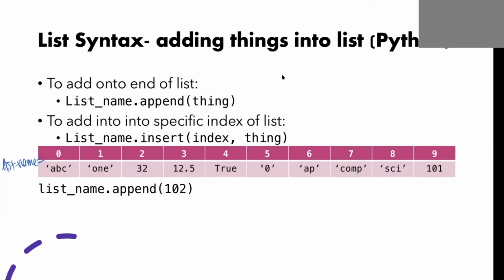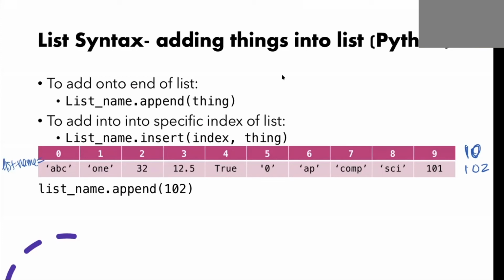Any suggestions? So we would insert something at the very end, or add it to the very end. So we would have 102 here now. That would create an additional position, 10, and the number 102 will be there.